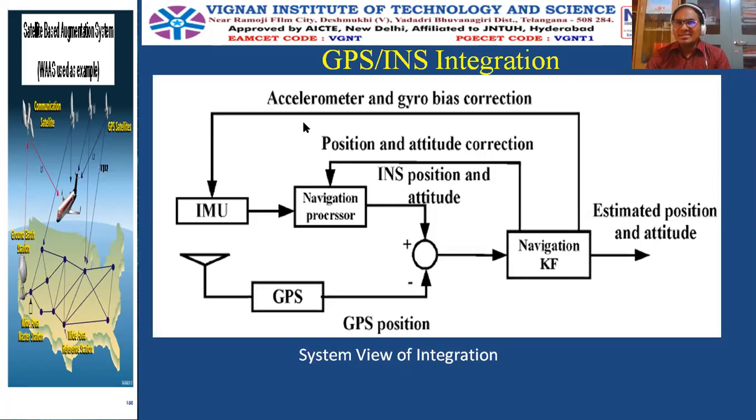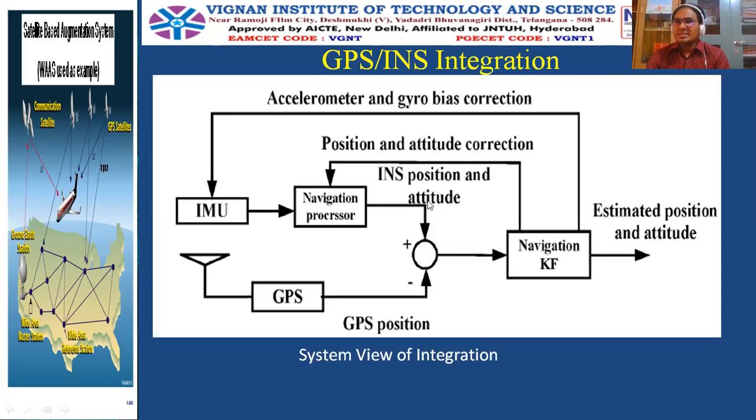And the inertial navigation system will use an inertial measurement unit. IMU stands for the inertial measurement unit, and its output is given as the input for the navigation processor. This navigation processor will produce the INS position and attitude.